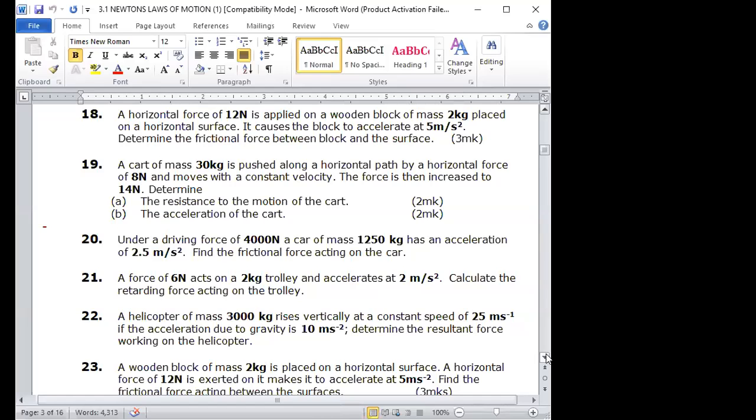Do you have some other students who are still getting 2 newtons? Yes. Victor Ikua, what are you getting? 2 newtons.